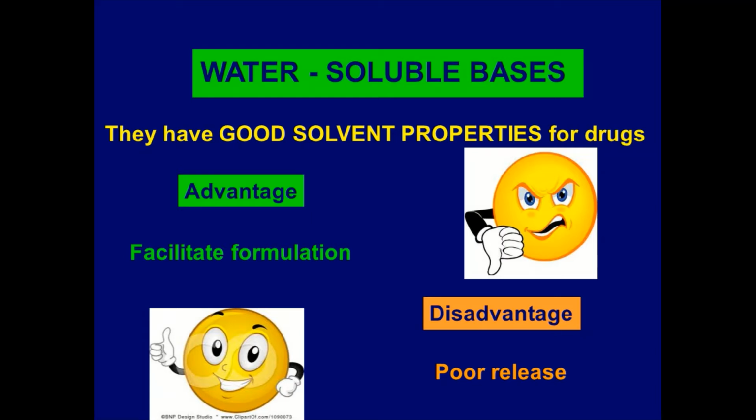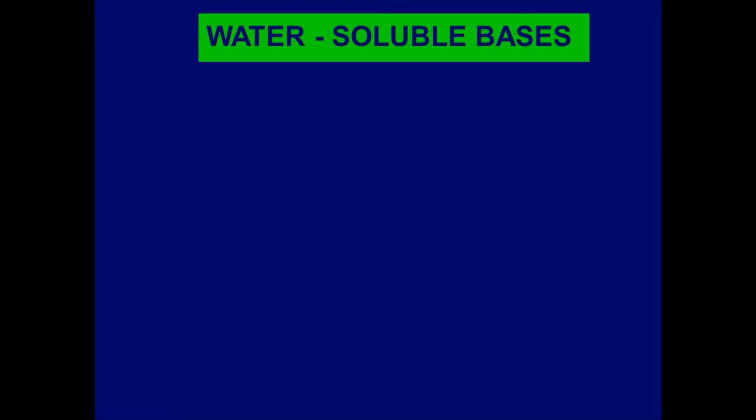The higher the solubility of the drug in the base, the smaller the amount that can be released. Why? Because the drug prefers to stay in the base, which has high solubility, rather than be released to the skin surface, which has low solubility. Okay.